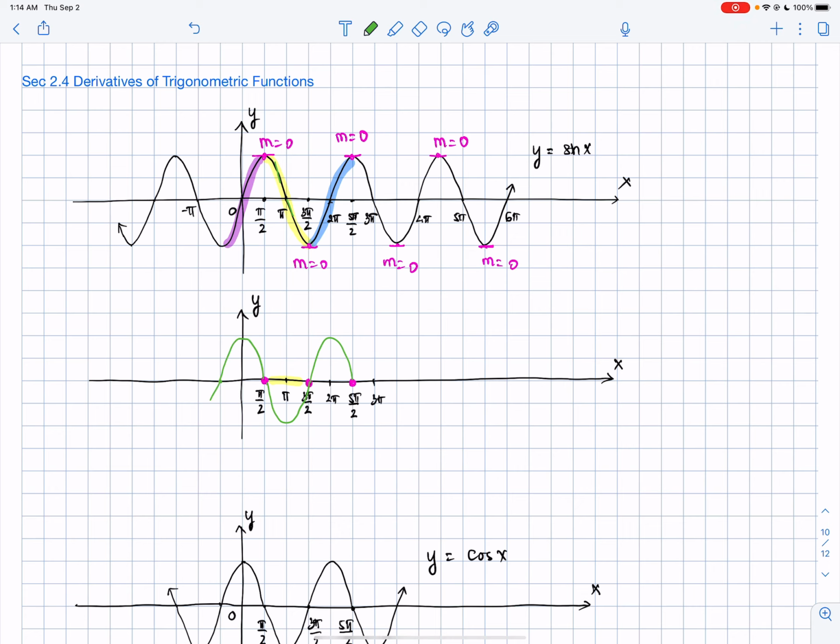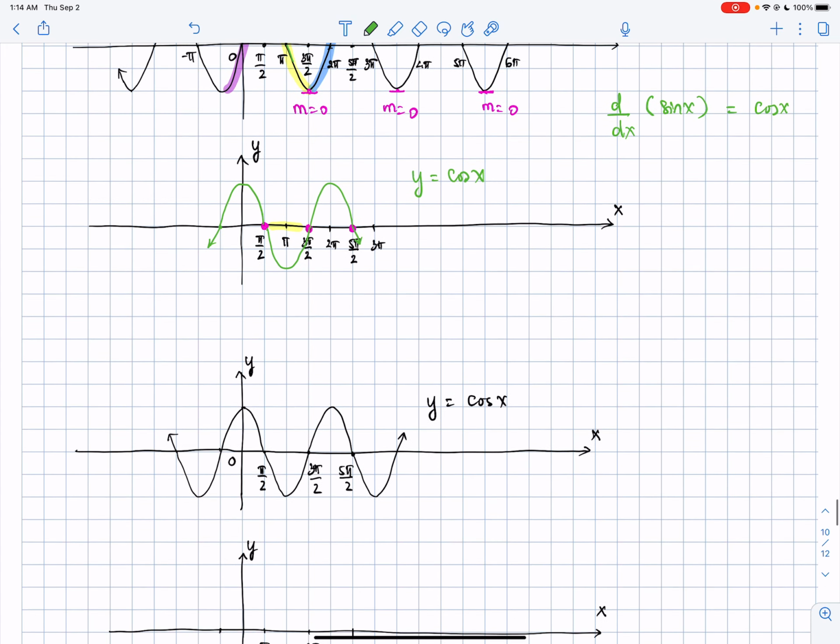And if you recall from before, this is exactly the graph of cosine. So we can conclude that the derivative of sine of x is equal to cosine of x.